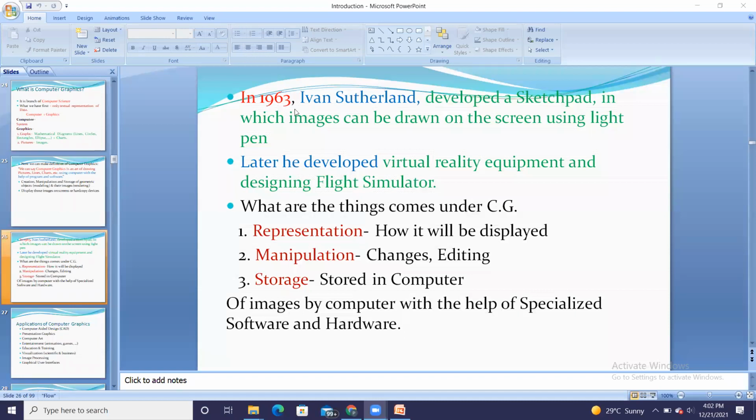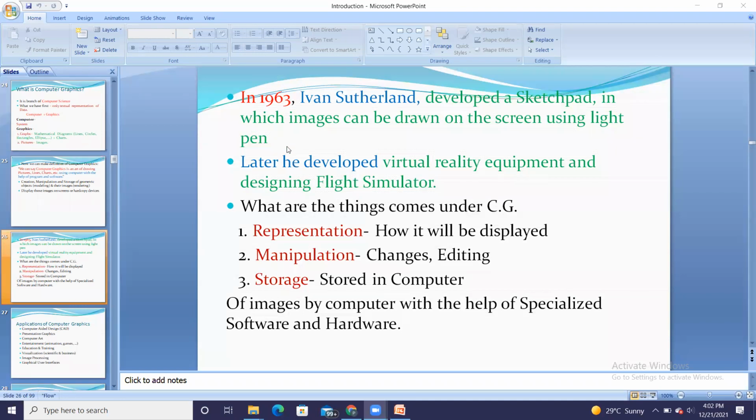So computer graphics started in 1963 with the development of Sketchpad. Sketchpad is the same as your tablet now: on that tablet or grid, we draw something with a light pen and it gets displayed onto your screen.